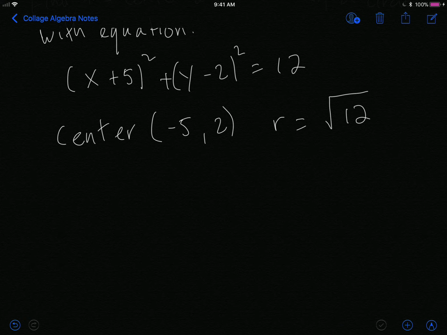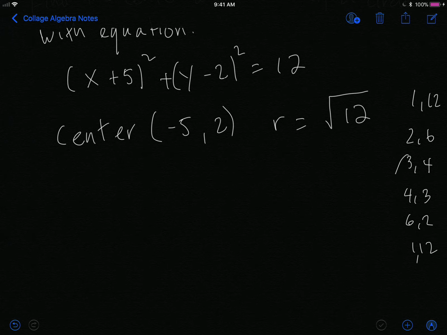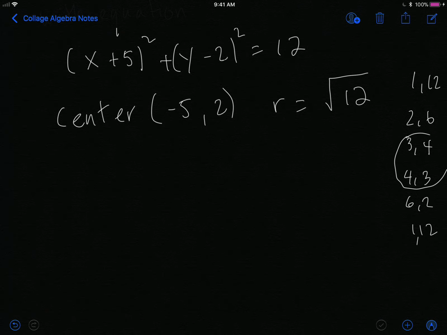Numbers that multiply to give us 12 are 1 and 12, 2 and 6, 3 and 4, and I think that's all the pairs. The remaining ones are just backwards, 4 and 3, 6 and 2, and 1 and 12.